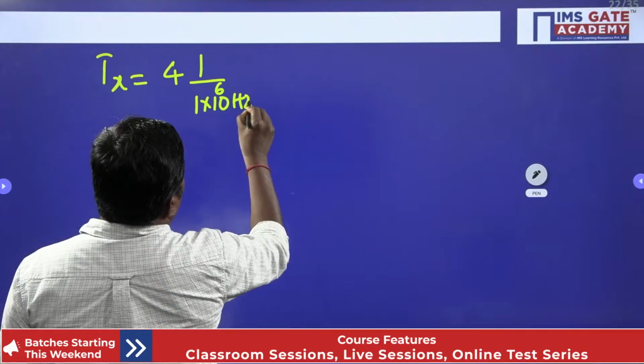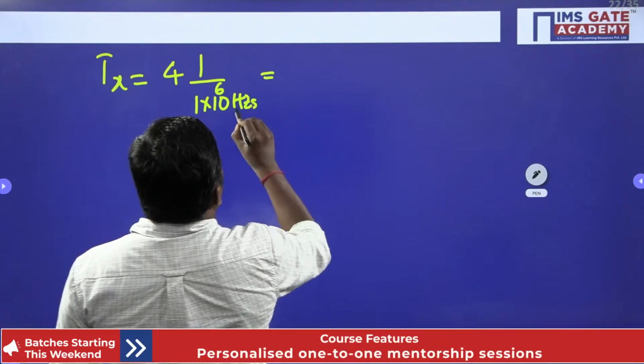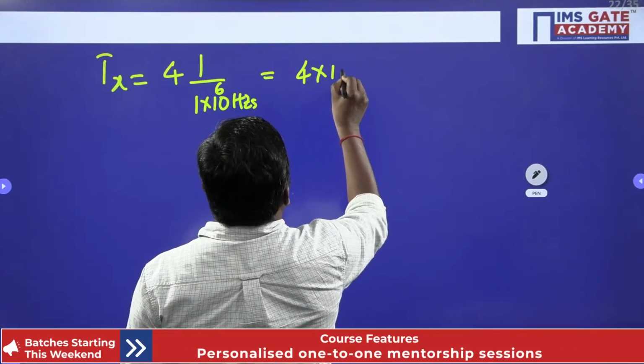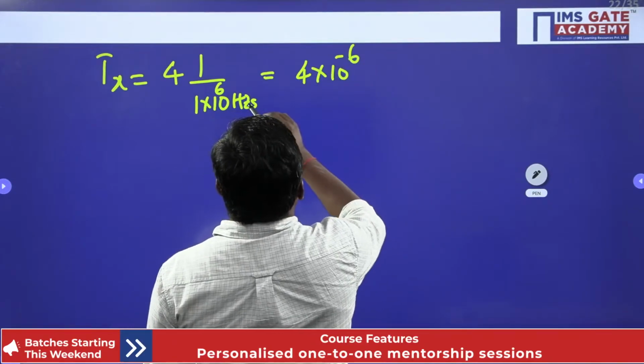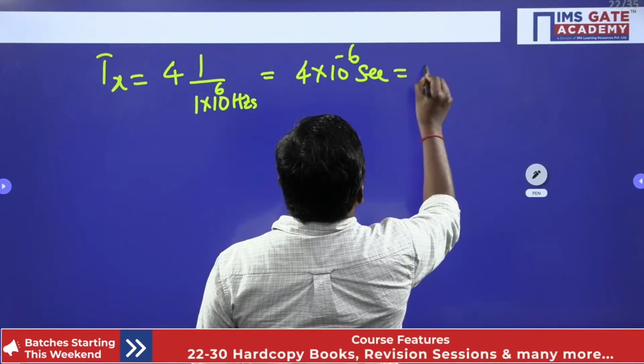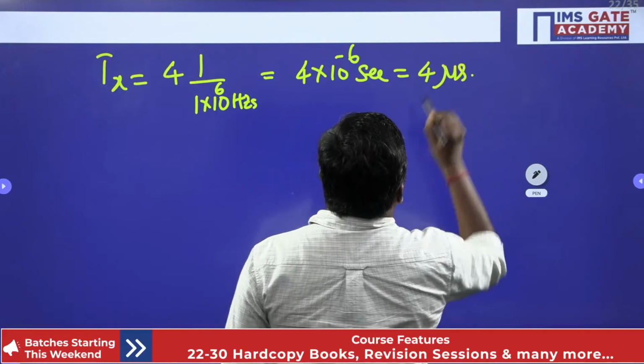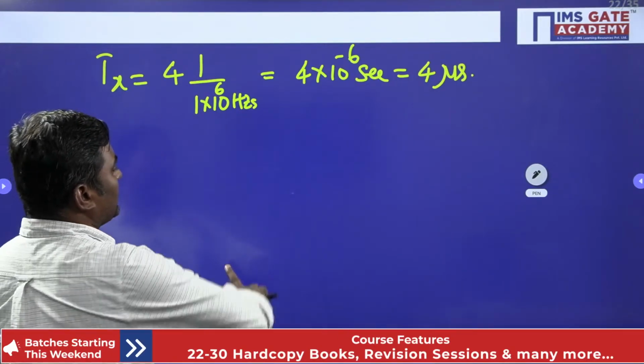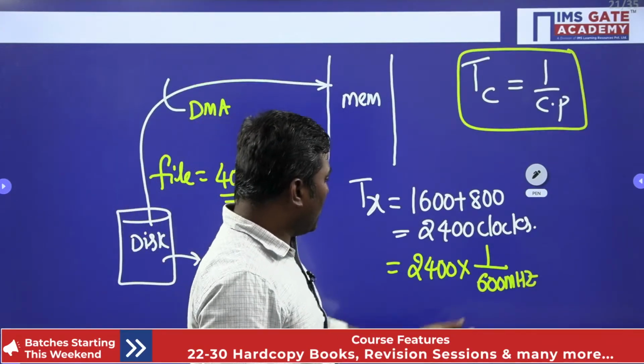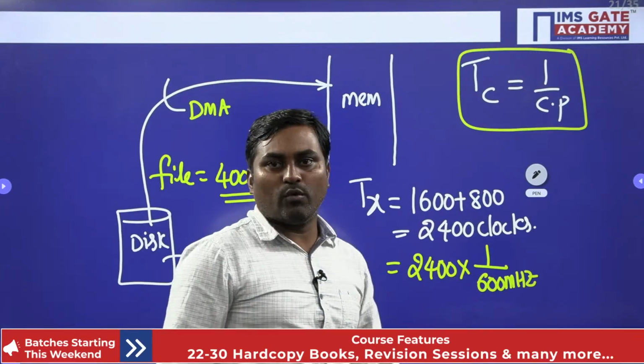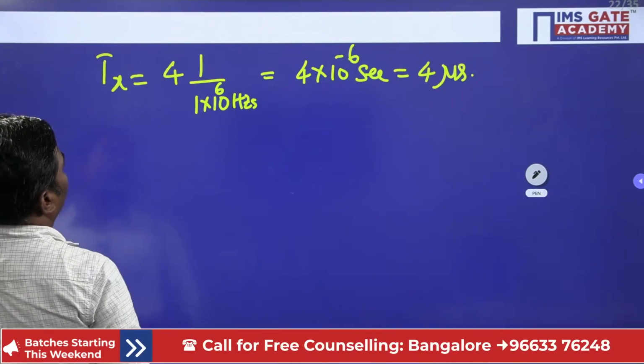Sending it upside, 4 into 10 power of minus 6. So 1 by hertz becomes seconds, and this becomes 4 microseconds. We got 4 microseconds as the TX value.